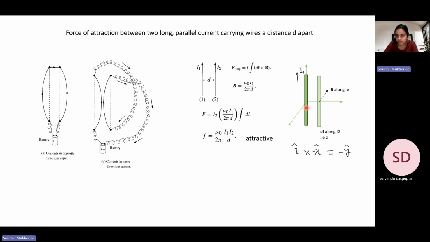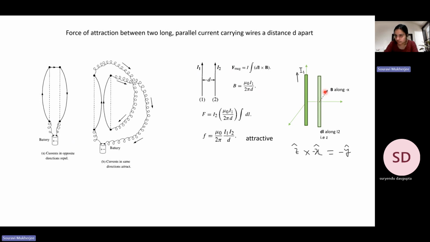Okay. So here, suppose this is the current carrying wire. What will be the direction of the magnetic field? The magnetic field for a current carrying wire going upward in Z. So if you say this is your X, this is Y, and this is your Z. Okay. So for a current flowing along Z, what is the direction of the field at this location?